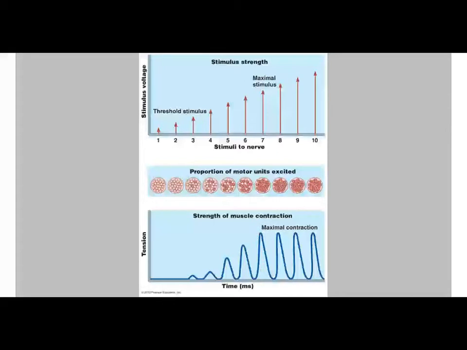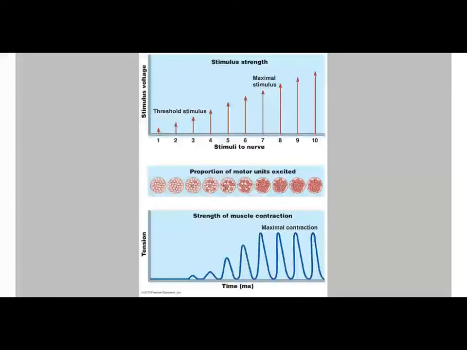We could still apply stronger stimuli to that muscle, which is what we see here with 8, 9, and 10. These are stronger stimuli. But at number 7, we already activated all of the muscle cells. So even though 8, 9, and 10 are sending stronger stimuli, there's no way to activate more than all of the motor units.